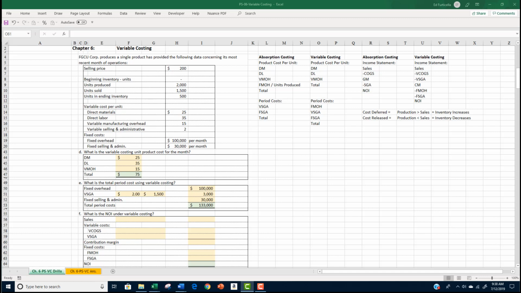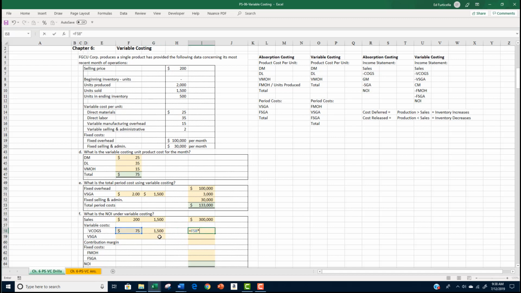So let's take a look at the numbers. For sales, again, we're going to take the $200 price per unit times the units sold of 1,500, which is $300,000. The variable cost of goods sold is going to be the $75, which is the total unit product cost, times the units sold of 1,500 for $112,500.